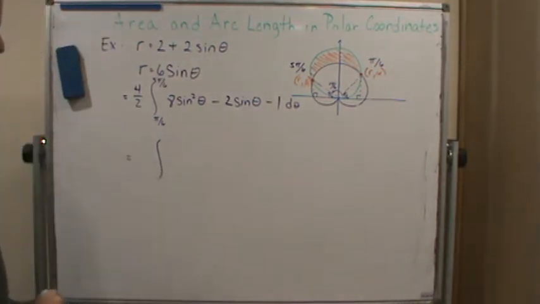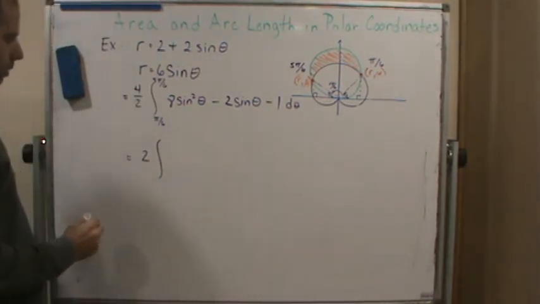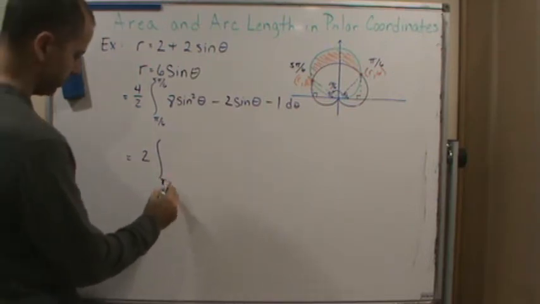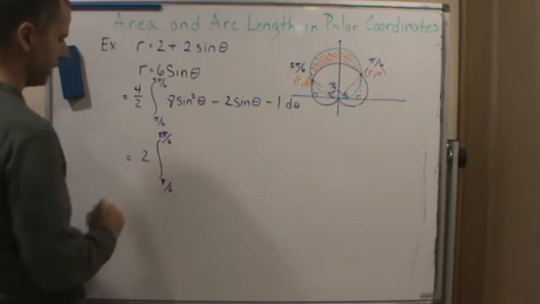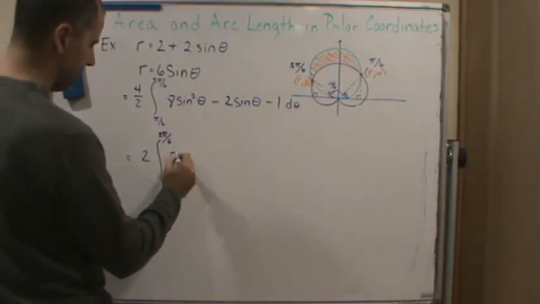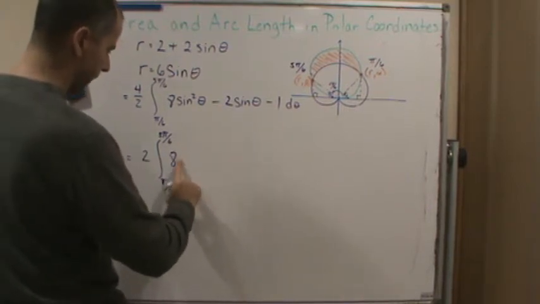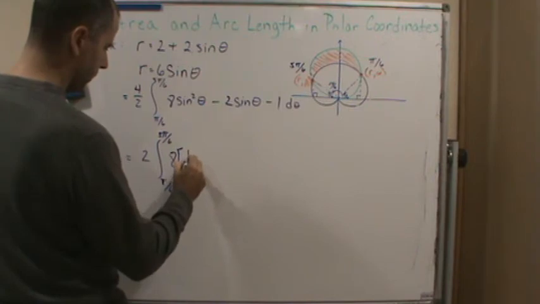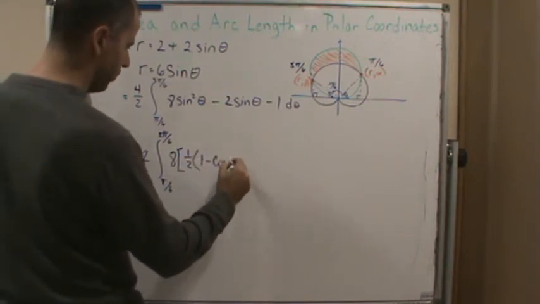Okay, now, so this will become 2. Now I'm going to do, again, my integral stays the same, pi over 6 to 5 pi over 6. Now this is going to become 8 times, well, let me put a bracket here. This is going to be 1/2 times the quantity 1 minus cosine 2 theta.